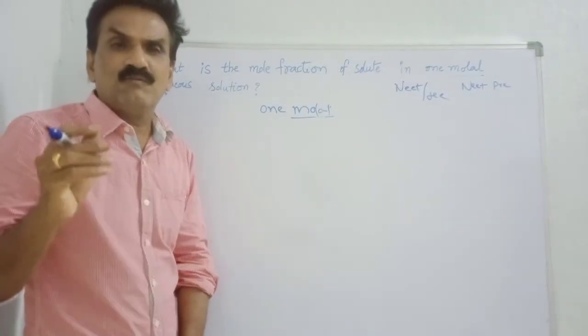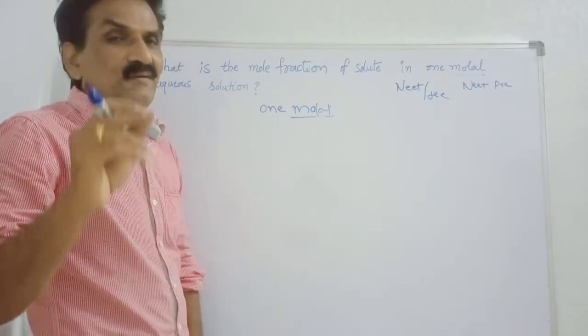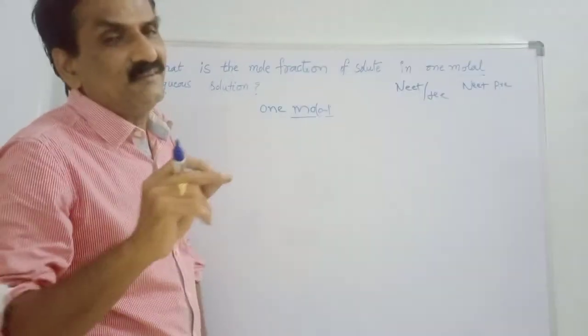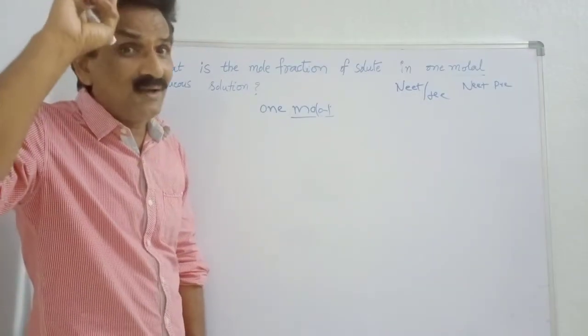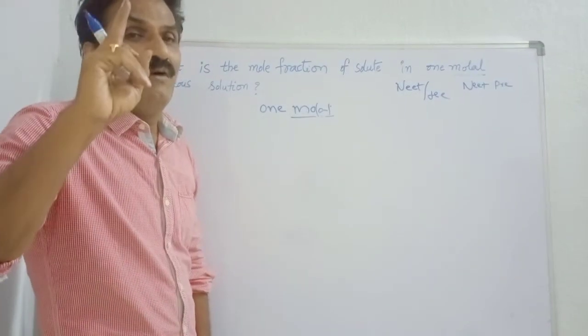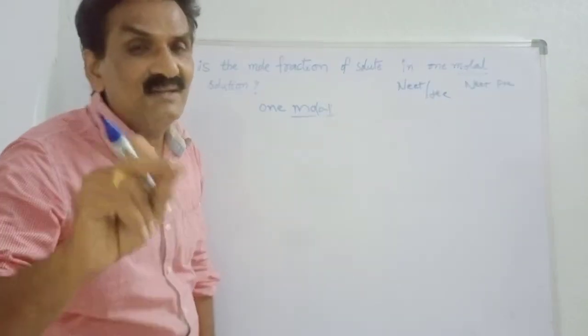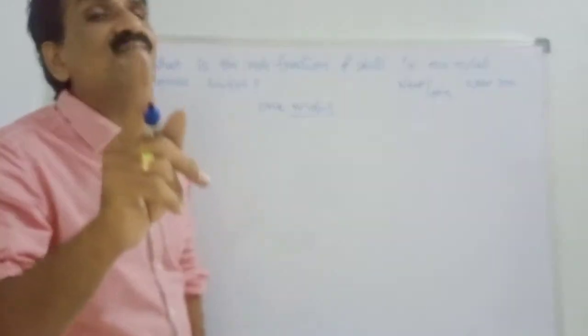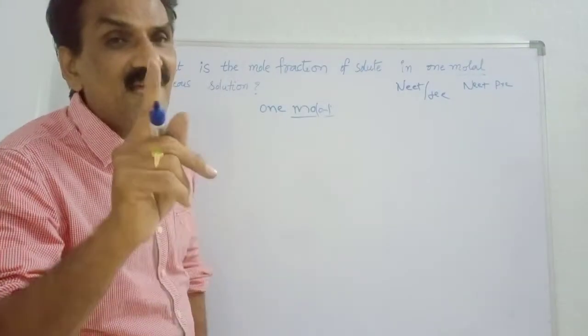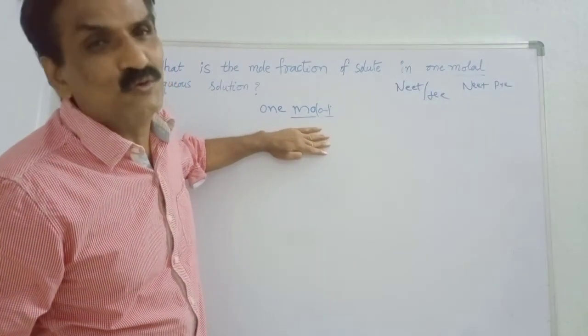1 molal aqueous solution means, if you go for molality, 1 mole of the solute dissolved in 1 kg of the solvent. Then that solution is called 1 molal solution.